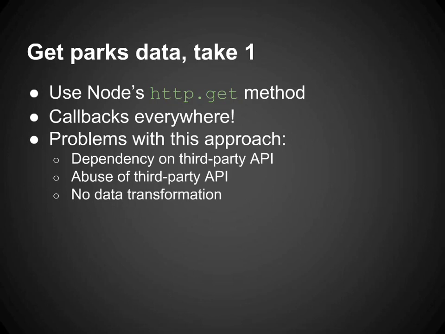Could be a performance issue. We're now dependent on someone else's service for performance, and that doesn't make us feel comfortable. And also, in our first initial take, we're not going to have any data transformation, so we're not actually modifying the public data to fit our needs.